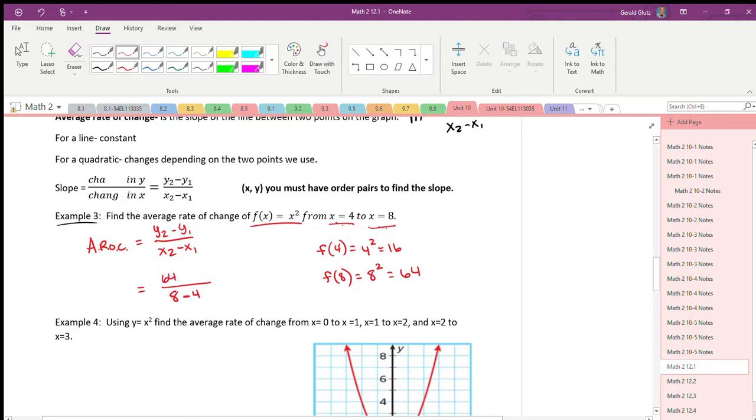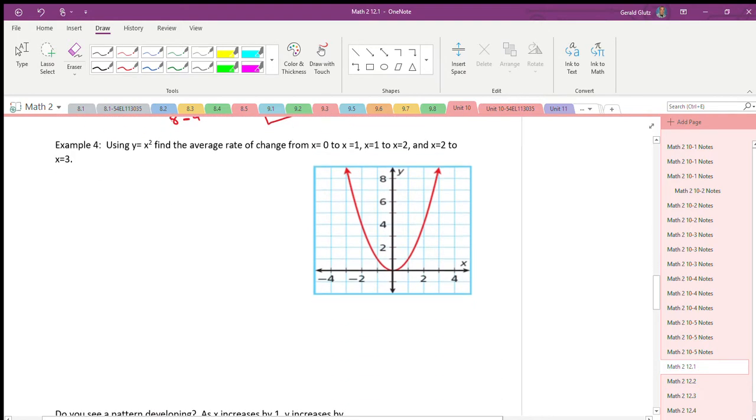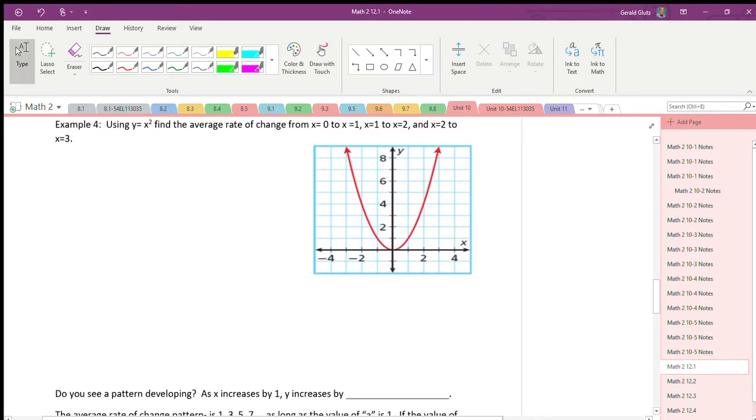When I plugged in 4, the y value was 16. So that's how I get the two y values. So 64 minus 16 is 48. 8 minus 4 is 4. And then 48 divided by 4 is 12. So the average rate of change between where x equals 4 and x equals 8 is 12. So basically, you're just finding the slope.